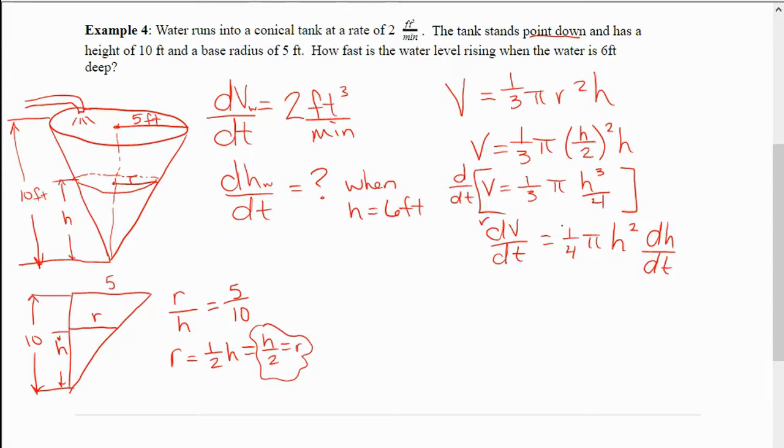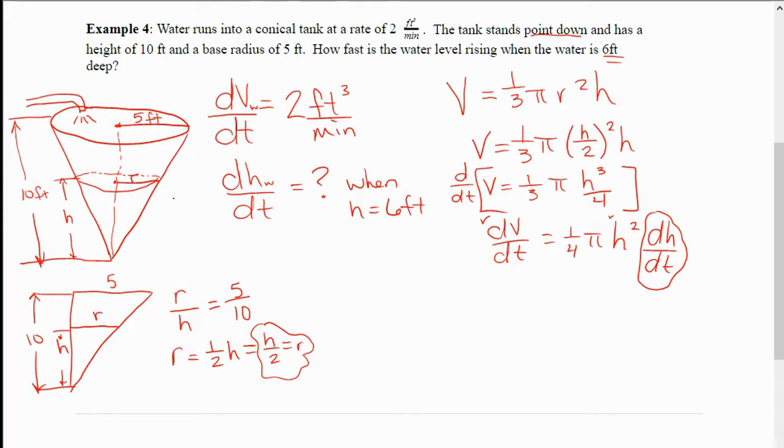So dV/dt we know. Yes, dh/dt is what we are looking for. And it says when the water height is 6. So we know that also. Let's plug it in. Our dV/dt is 2, equals 1/4 pi 6 squared dh/dt.